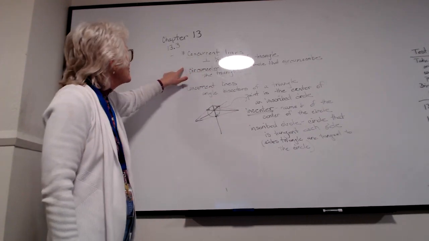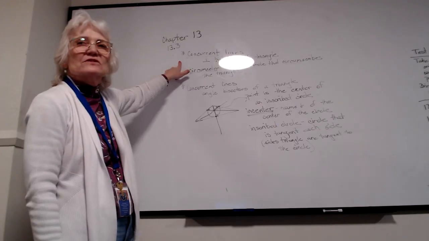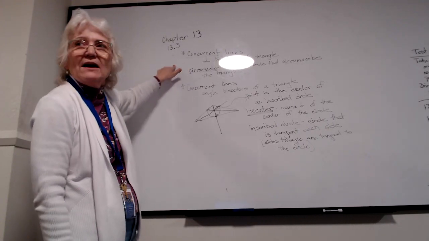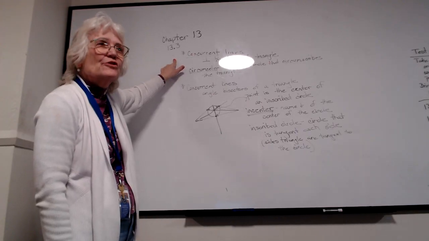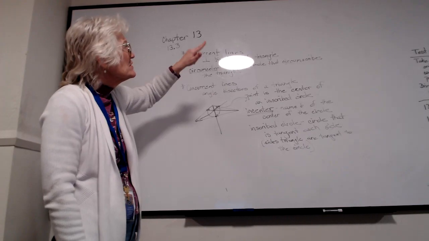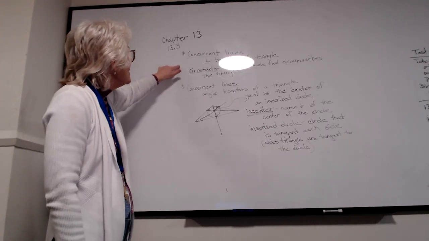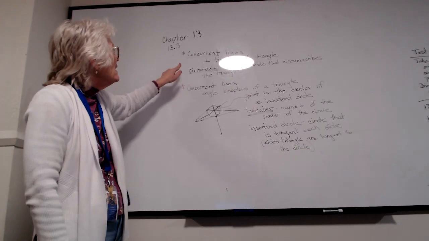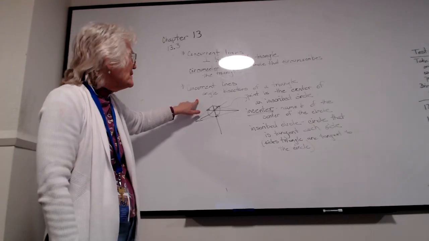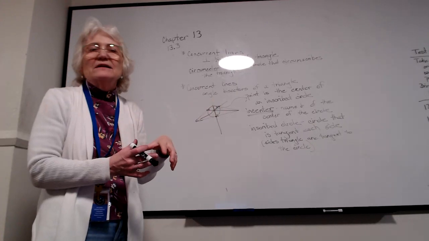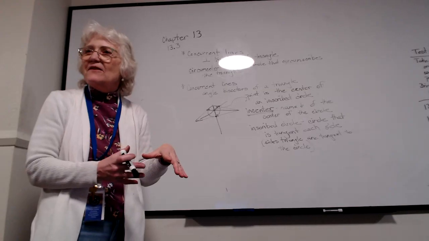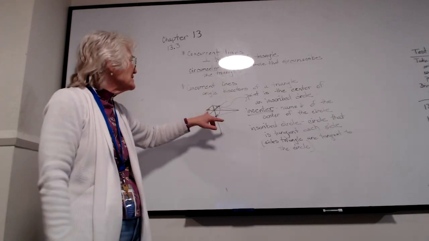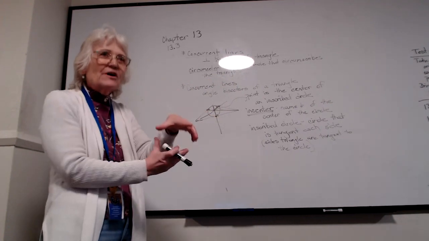Circumscribed means you're going on the outside. If you think of circumference, circumference is the distance around, so you're going around something. To circumscribe a triangle, you're going around the triangle, but you're including all the vertices. Inscribed is where the circle is inside. That one to me is the easiest. I have a tendency to forget the name of the one on the outside, but this one's easy because it's inscribed.